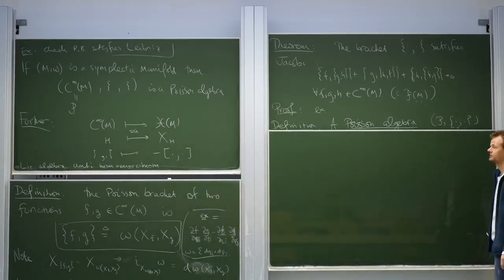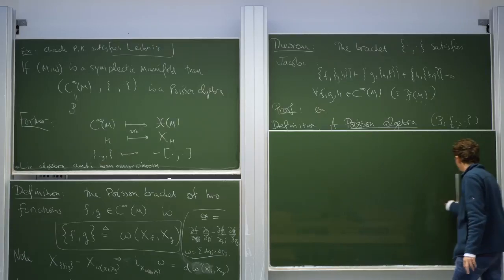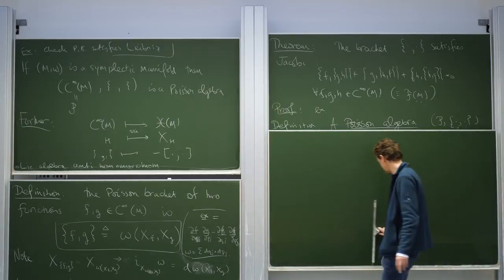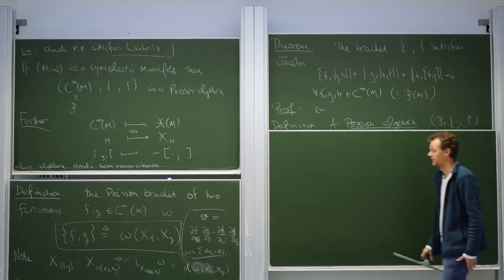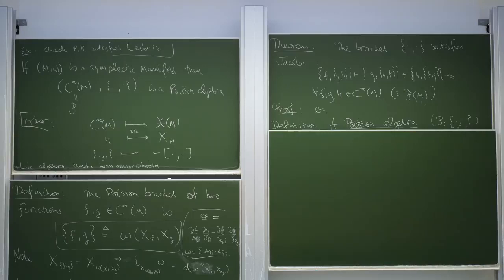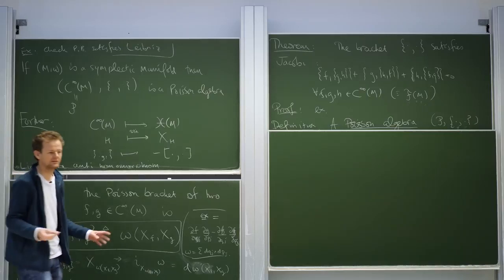You can think of a Poisson algebra as the space of all observables on your classical system. And you know that, of course, there's this thing, however, called quantum mechanics.